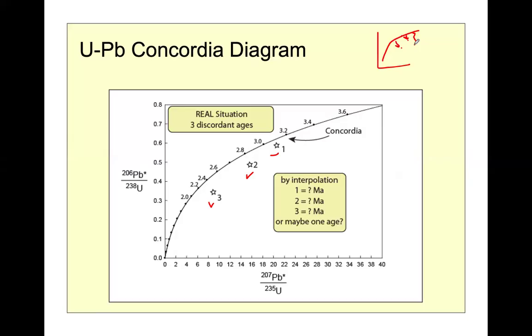The amount of discordance is taken as a percentage. That means how much your sample or the point deviates from the Concordia curve, right? This discordance is also calculated by the software itself or the Excel program itself, because manual calculation is very difficult, as you can't calculate this distance precisely. Normally the concordance or discordance is given in terms of a percentage.